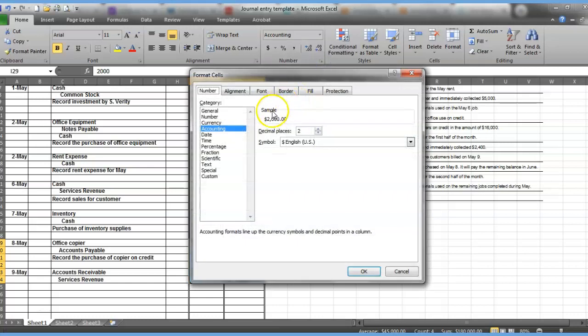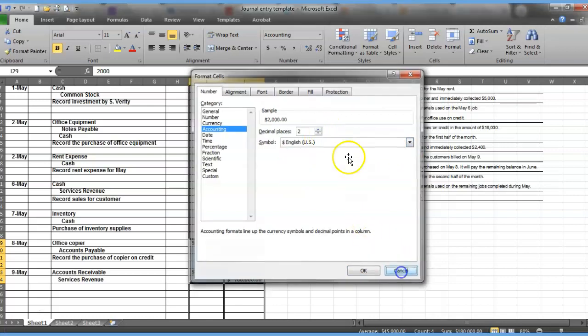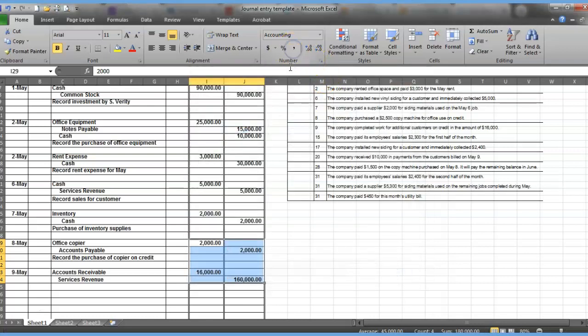I'm going to get rid of the dollar signs. I don't think I want the dollar signs. So I'm going to get rid of those. There we go. And here I'm going to record sales on credit. And I hope that makes sense to you.